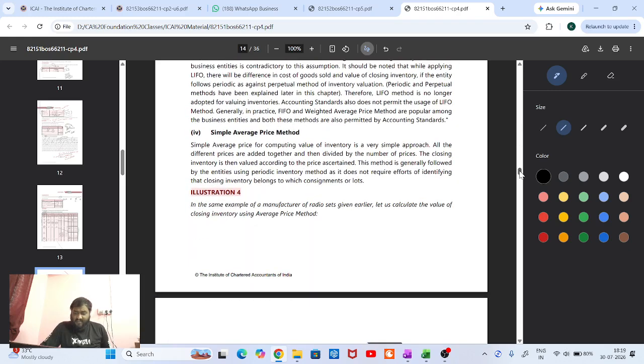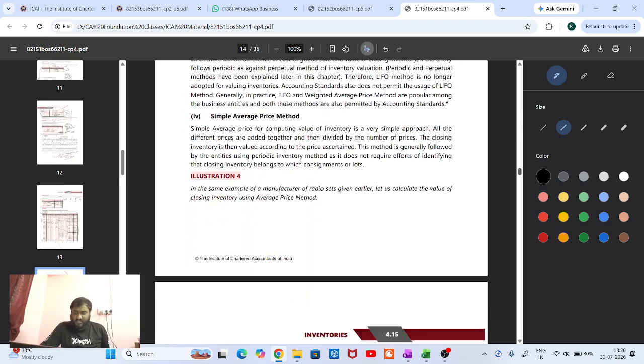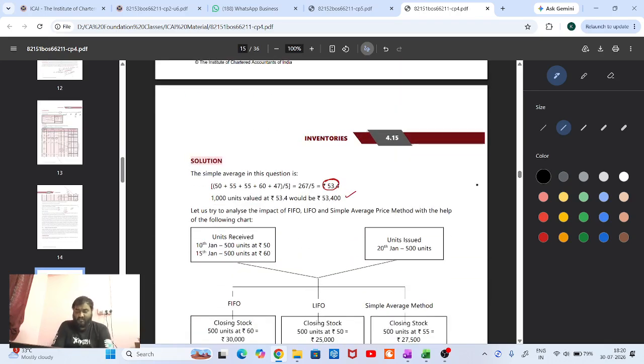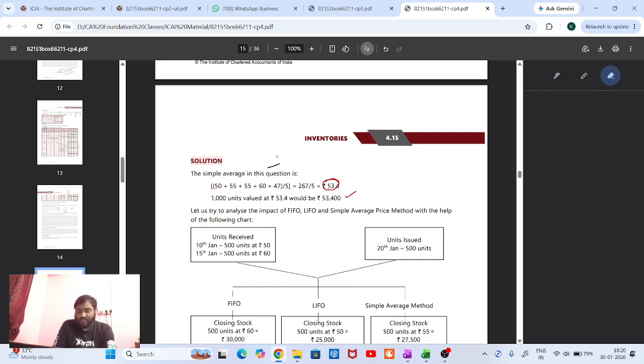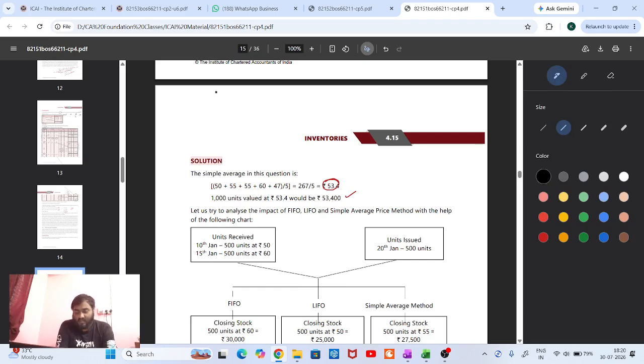And then there is the simple average method. Keep the above question with you. What do you mean by simple average? For example, there are 5 students in our class. One student got 90, second student got 70, third student got 100, fourth student got 100, fifth student got 80.